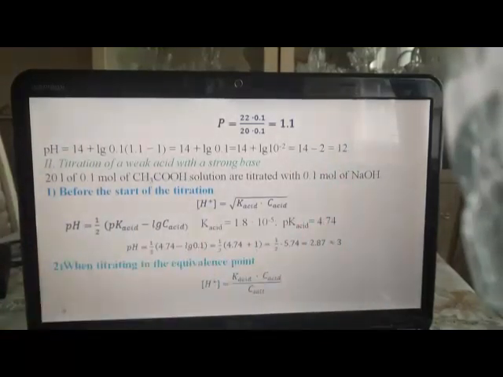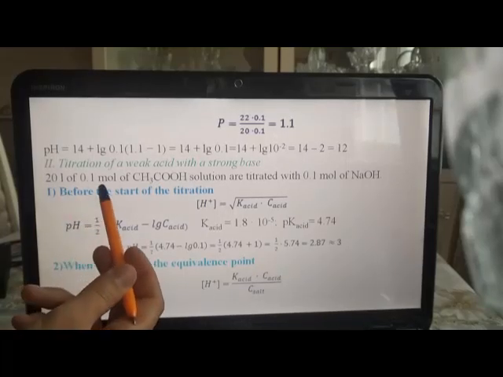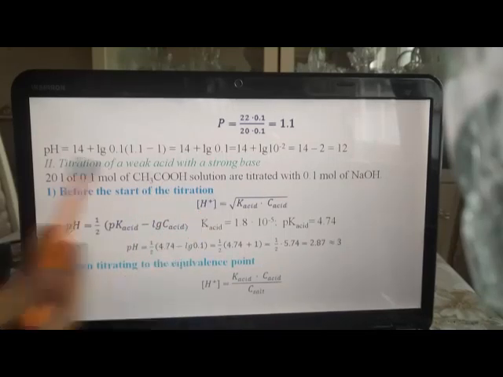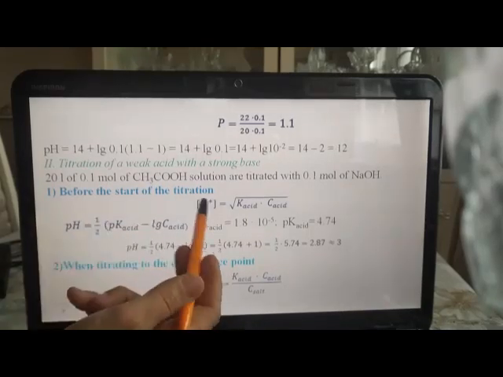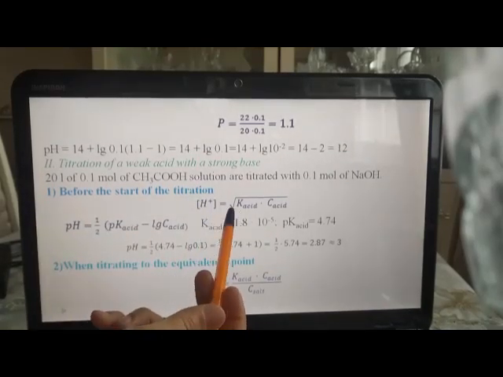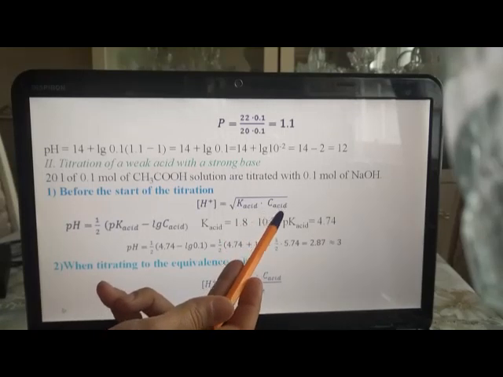Second, titration of a weak acid with a strong base. 20 milliliters of 0.1 molar acetic acid solution are titrated with 0.1 molar sodium hydroxide. Before the start of titration, the concentration of hydrogen protons is equal to the root of the acidity constant multiplied by the concentration of acid.